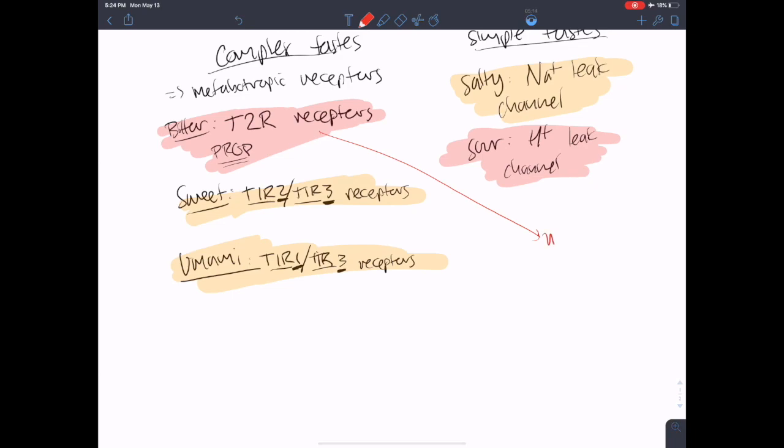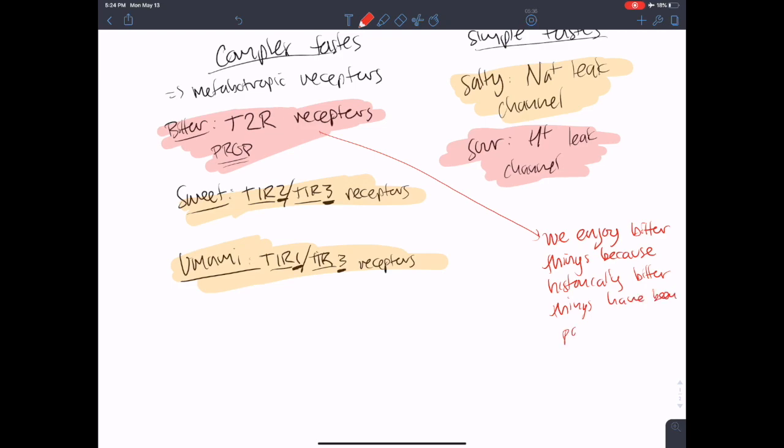We enjoy bitter things because historically bitter things have been poisonous. And this may seem weird at first. So the idea is that plants produce bitter compounds so that animals don't eat them. And this is obviously a really good method for the plants to develop to not be eaten.